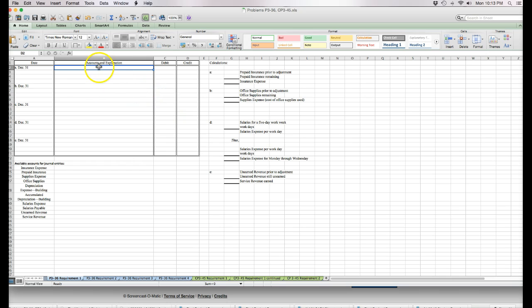Journal entries act the same: you're going to have a debit and a credit. You do the same thing for your office supplies. And then for the salaries, it's going to be the salary expense from Monday through Wednesday, and then service revenue earned. Those are the numbers that you're going to put into the journal entry.